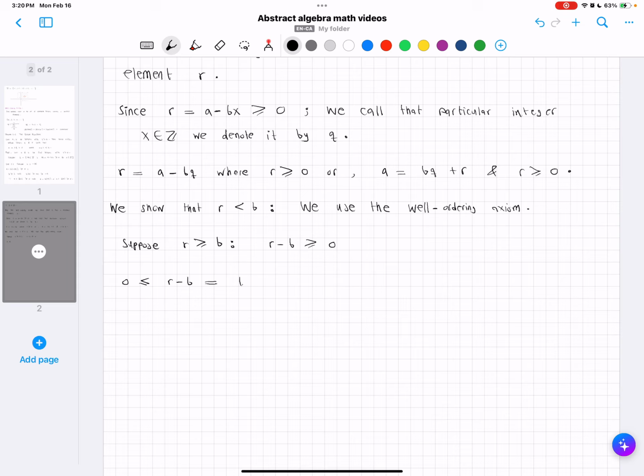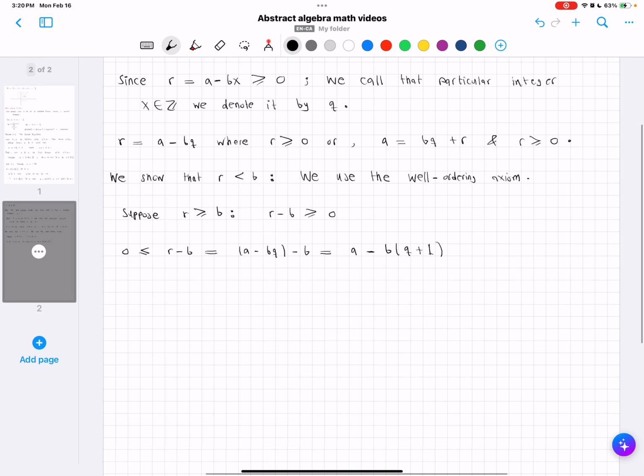So we have that R minus B is A minus B times Q minus B. So that's equal to A minus B times Q plus 1.